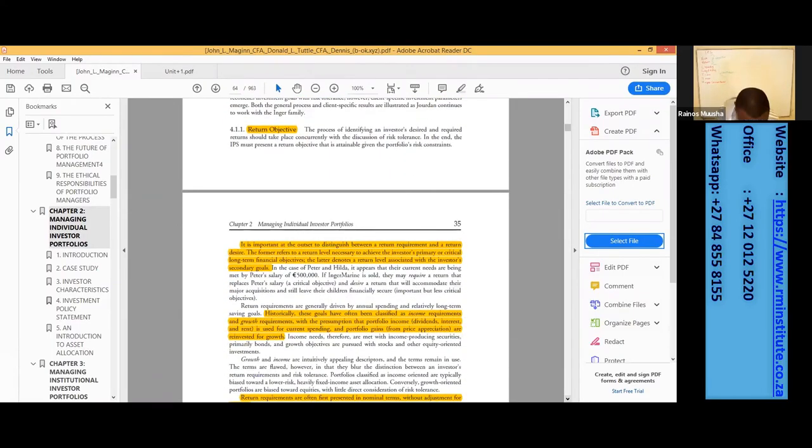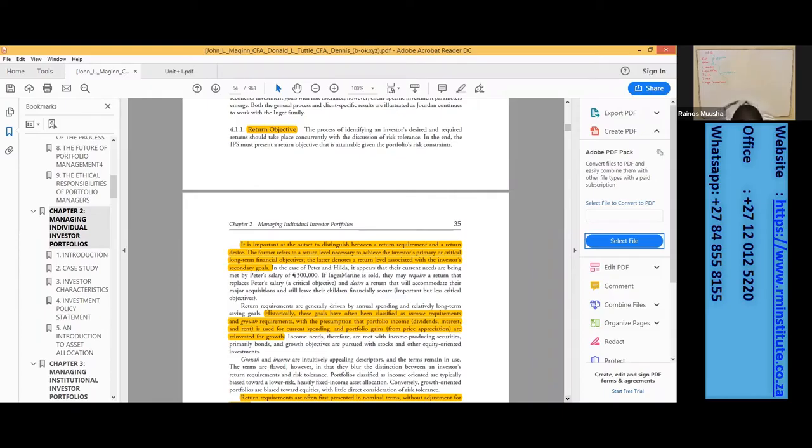Under the return objectives on page 35, they say it is important at the outset to distinguish between a return requirement and a return desire. The former refers to the return level necessary to achieve the investor's primary or critical long-term financial objectives. The latter denotes a return level associated with the investor's secondary goals.